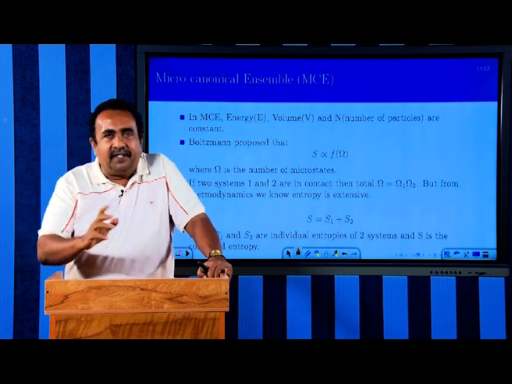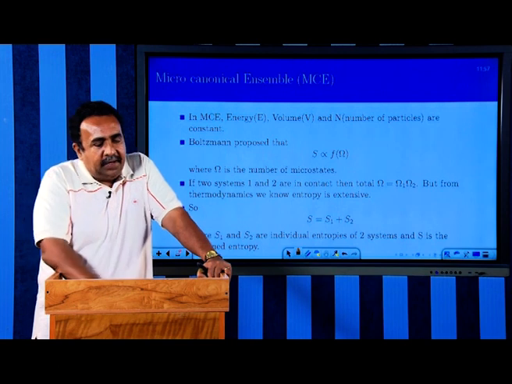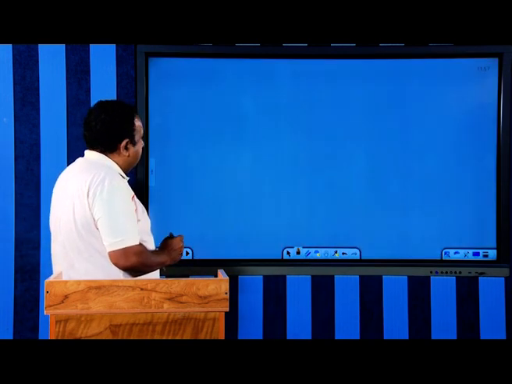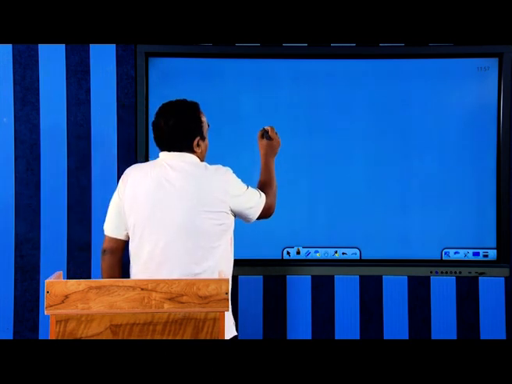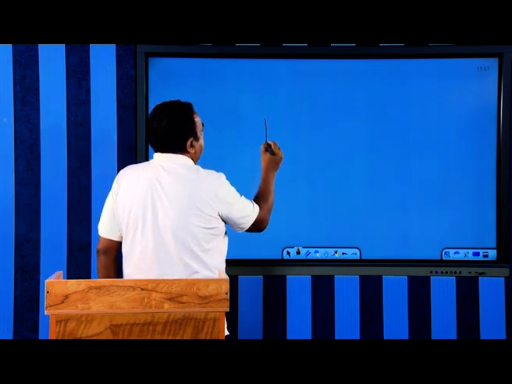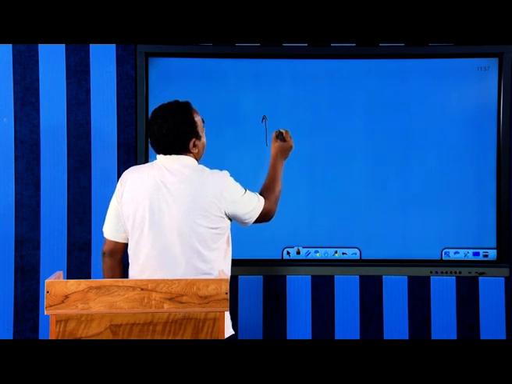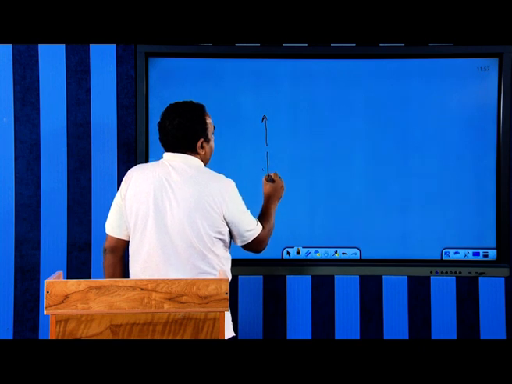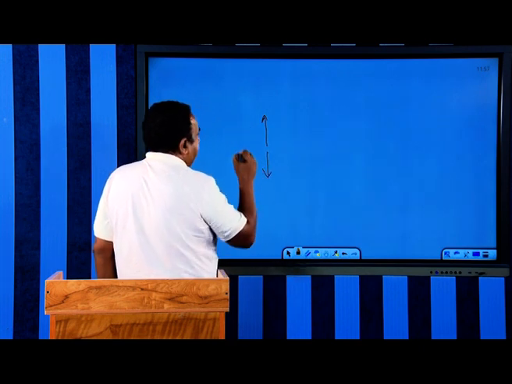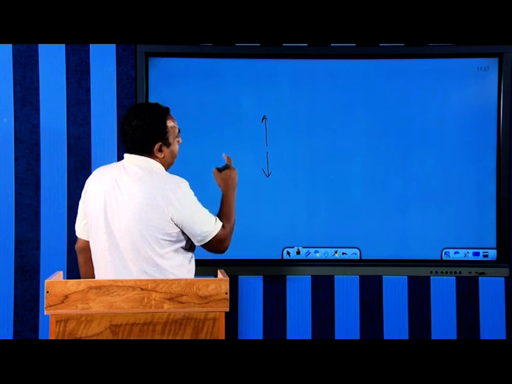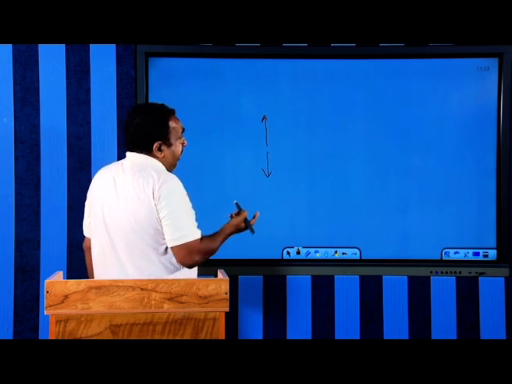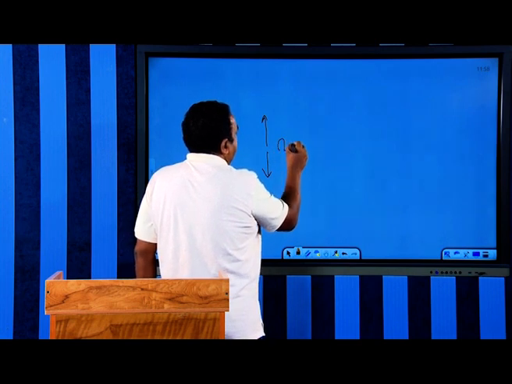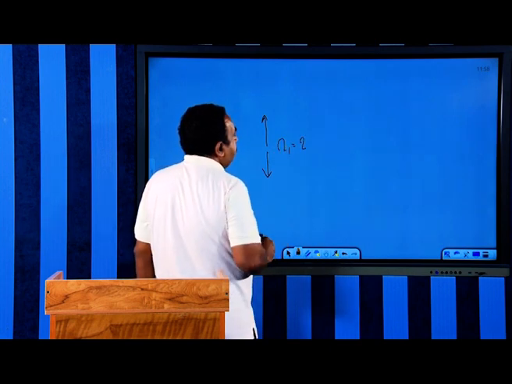And if you have 2 electrons, what will happen? For one electron there are 2 states, up and down. So omega for the first electron, omega 1, is 2.